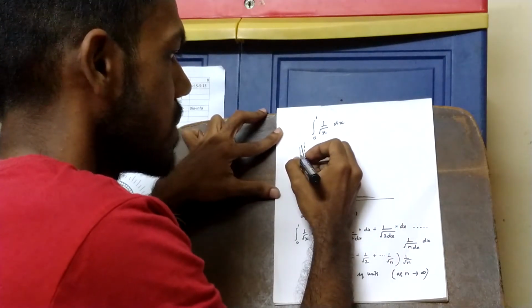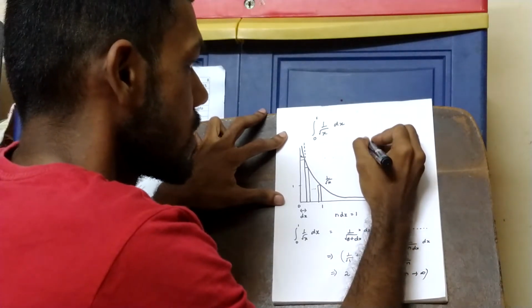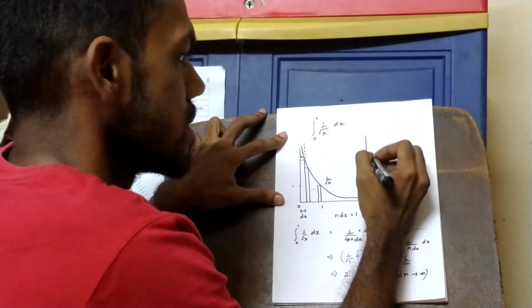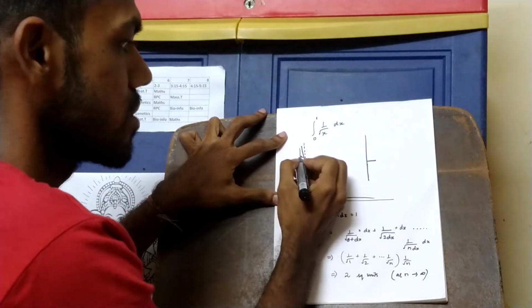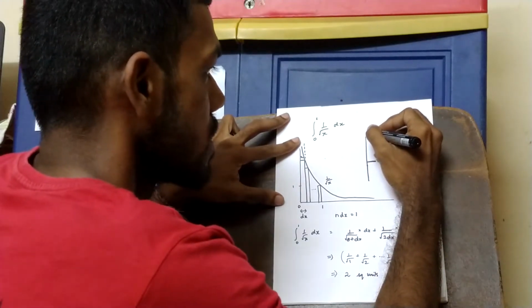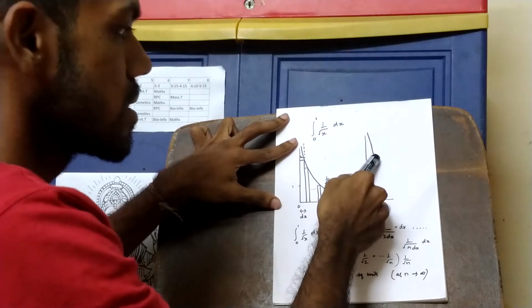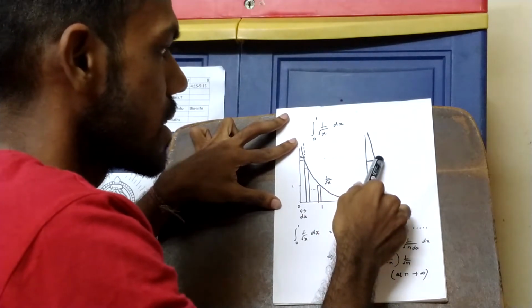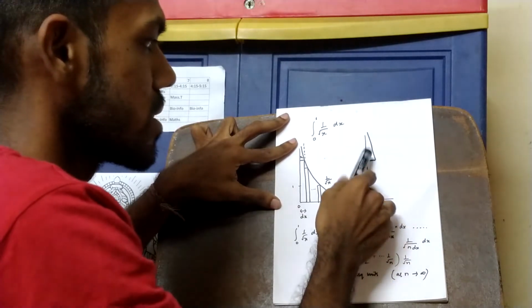If we magnify this part and see, this is the topmost horizontal line of the first strip. This is the graph of 1 by root x with near infinite slope above the first strip.